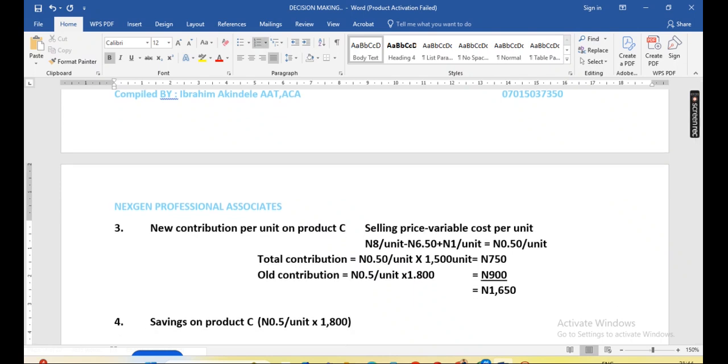So this is your savings, because when you discontinue product C and you introduce product E, this is 900 savings.